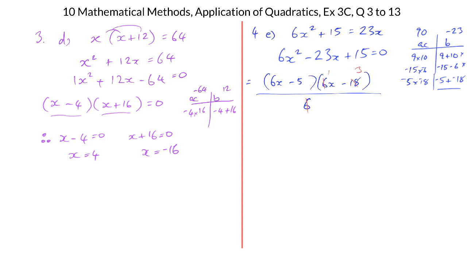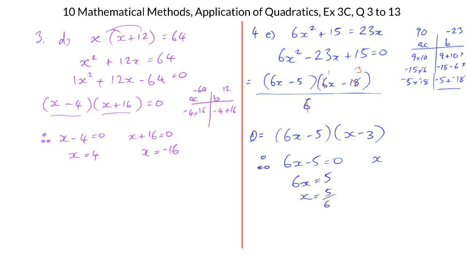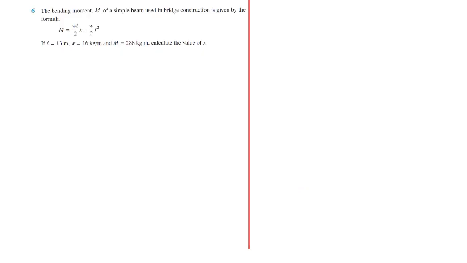So in actual fact, I have 6x, so 0 equals 6x minus 5 and x minus 3. Therefore, 6x minus 5 equals 0, 6x equals 5, x equals 5/6, and x minus 3 equals 0, x equals 3. And they're my two solutions.